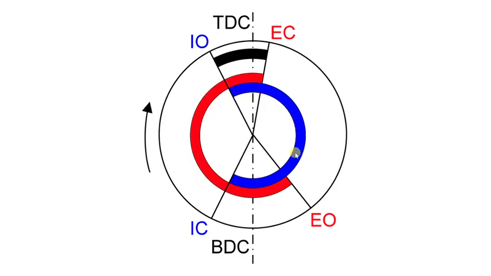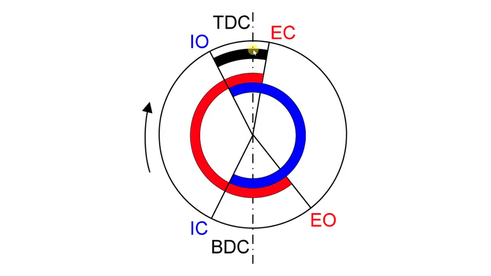So we've got intake, compression, and then injection, combustion, or controlled explosion in this area, expansion, which is also a power stroke, and once we get out of the power stroke, we have the exhaust, which is this section around here, and then the process repeats. So that's how you read a four-stroke timing diagram.